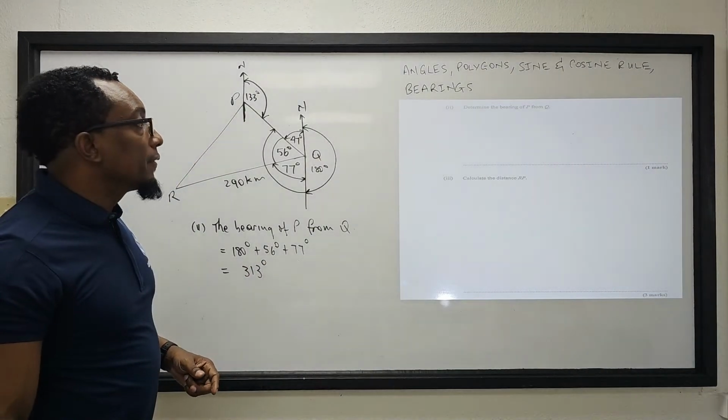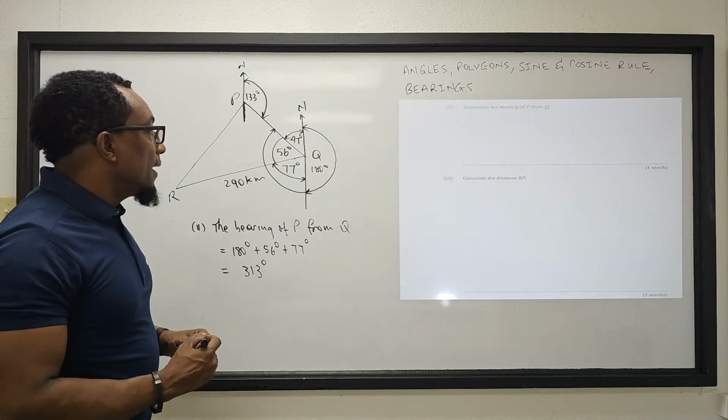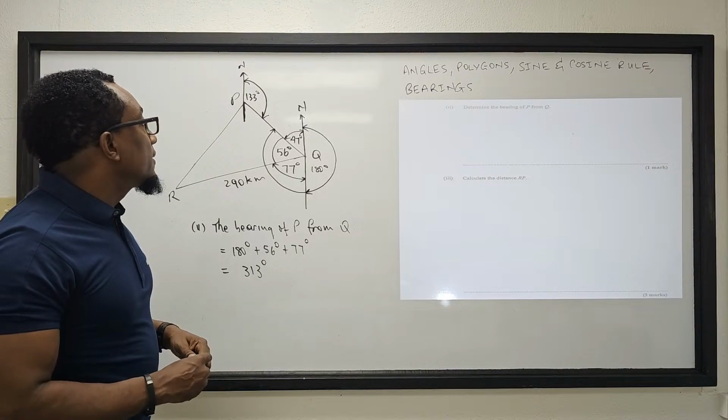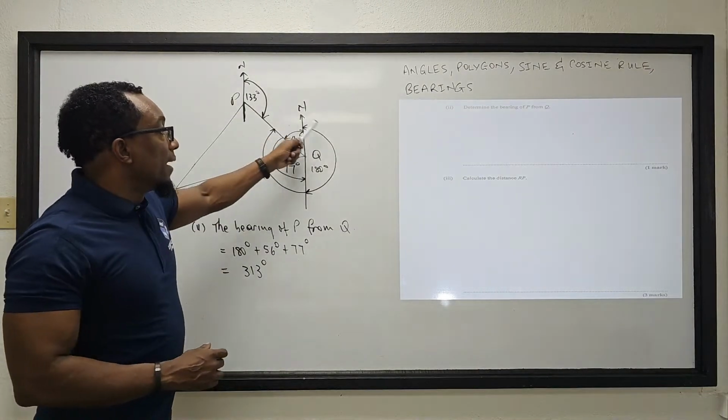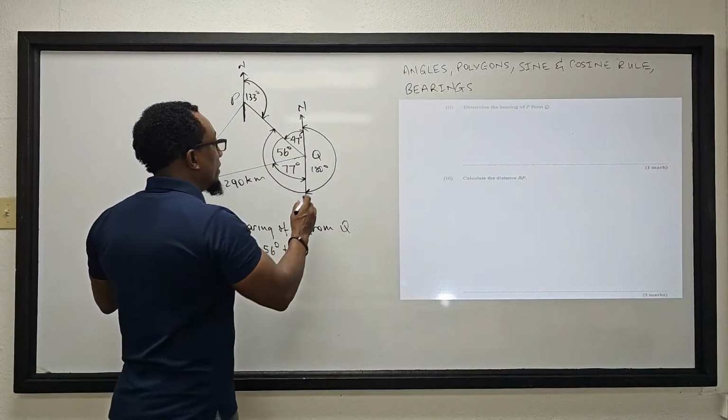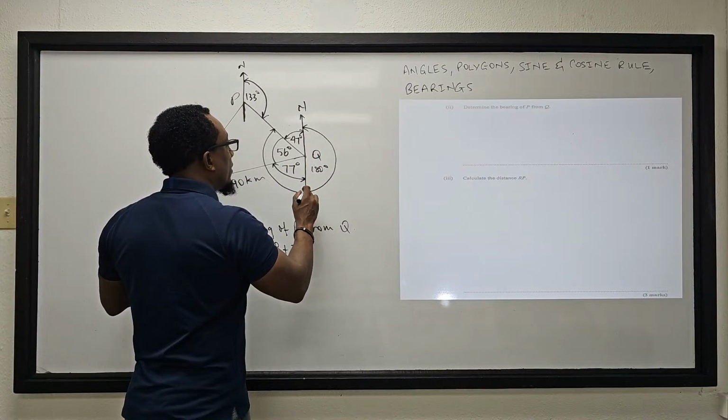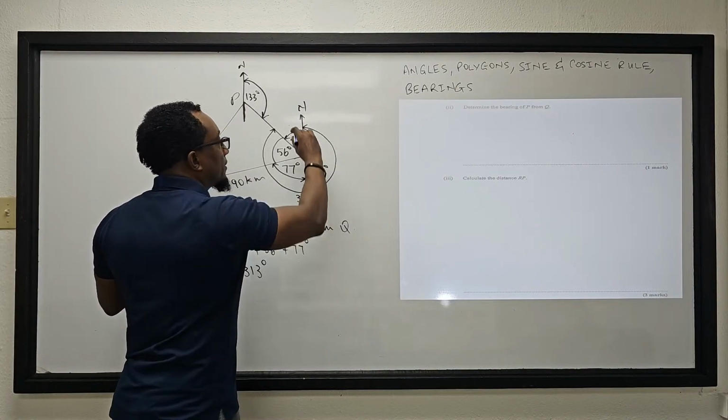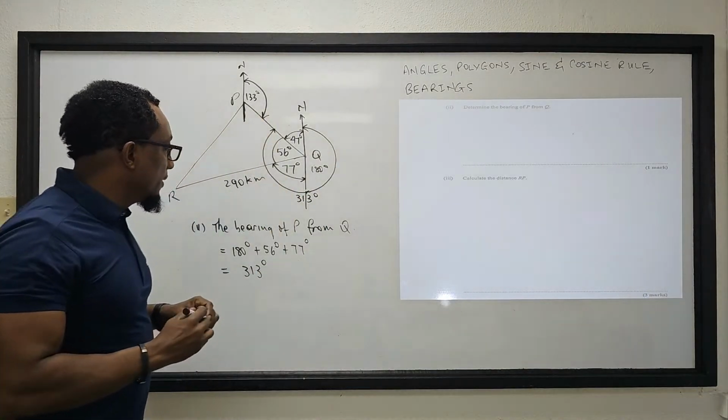That's the bearing of P from Q. So this entire bearing here is 313 all the way around, right? So that's the entire bearing, 313 degrees.